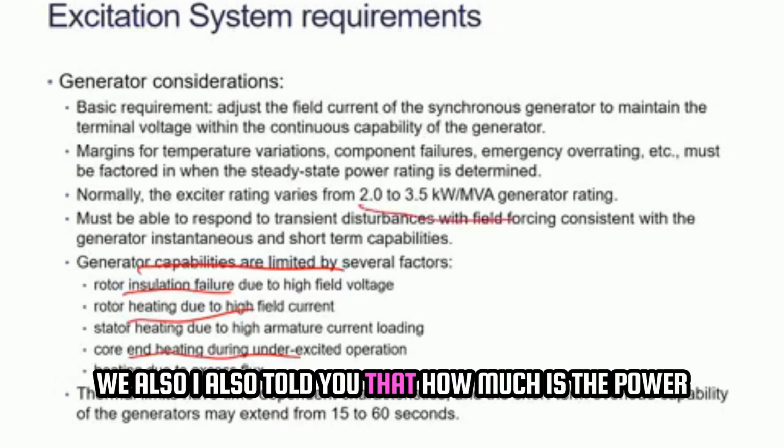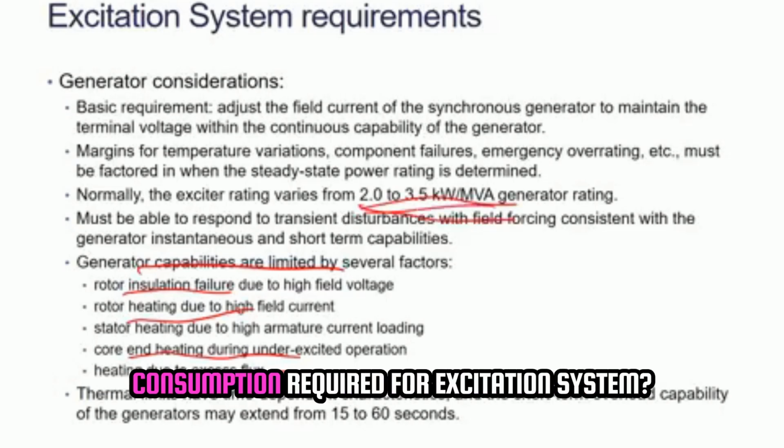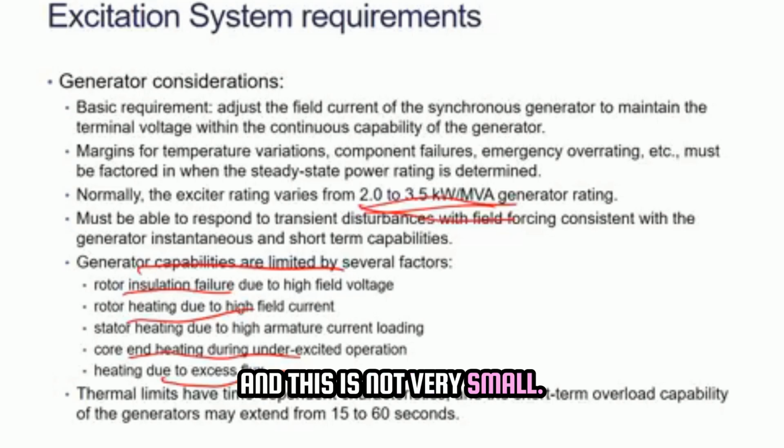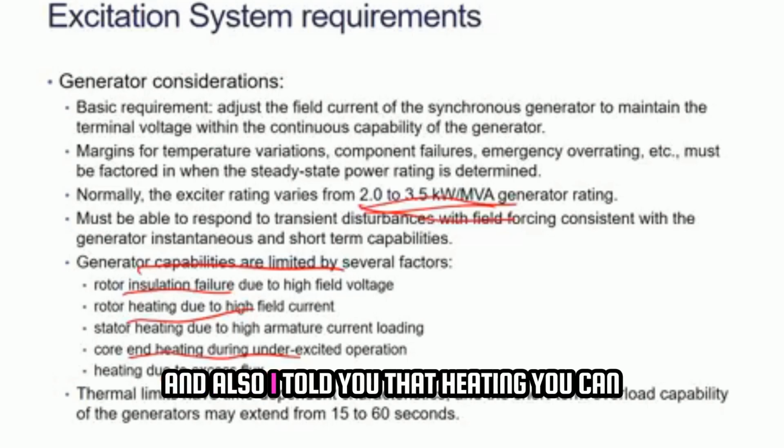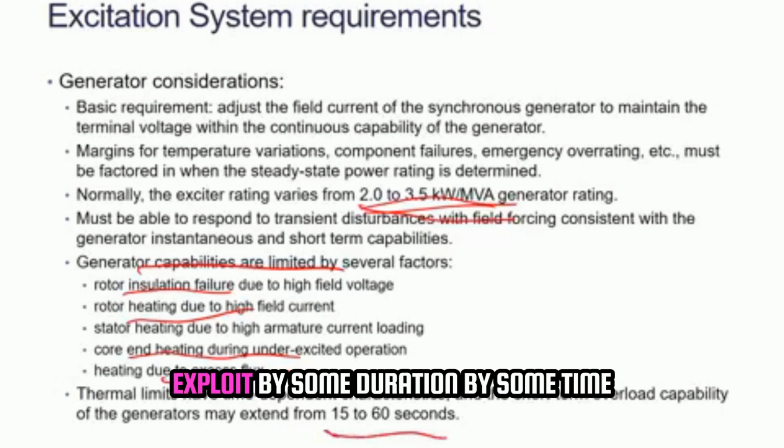I also told you how much power consumption is required for the excitation system, and this is not very small. It is a significant amount for a big power plant. I also told you that you can exploit heating for some duration.